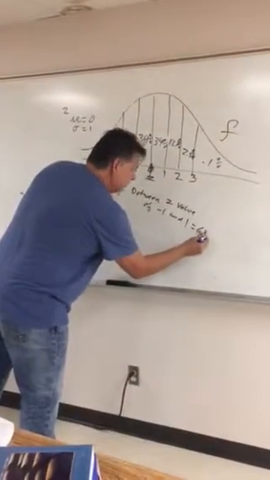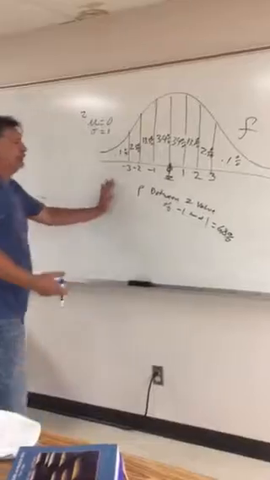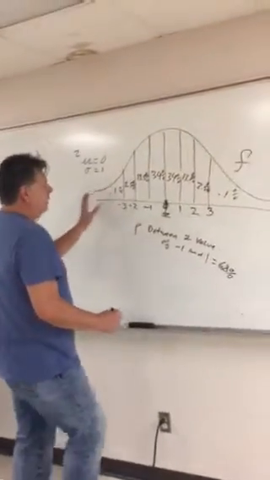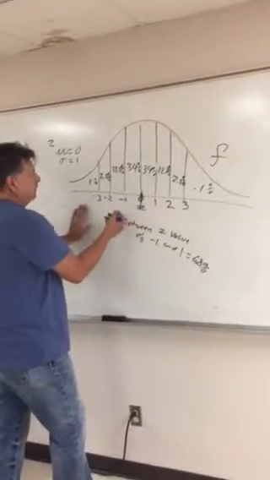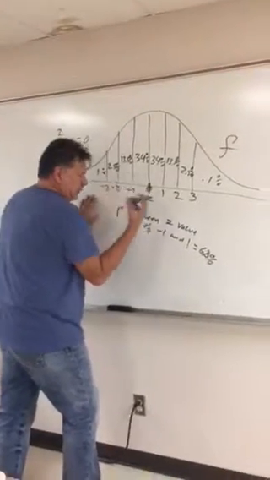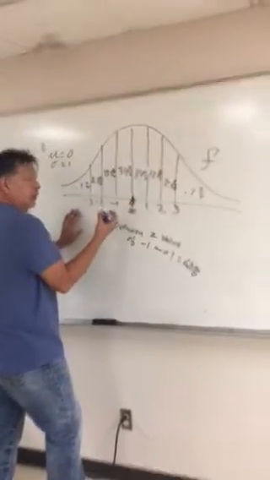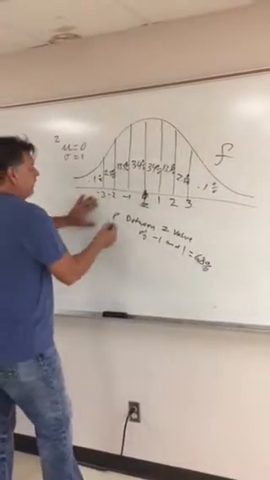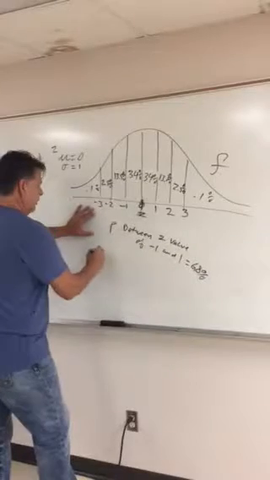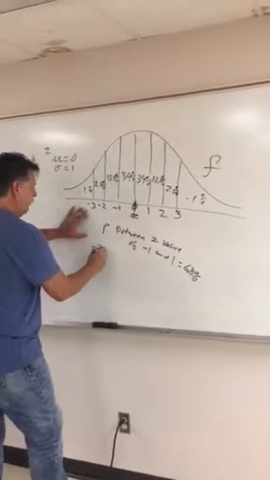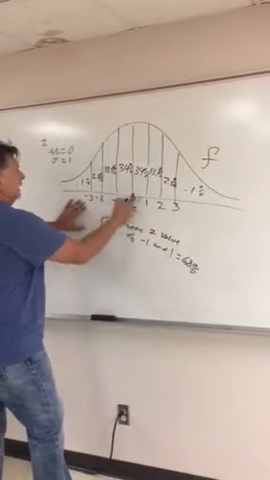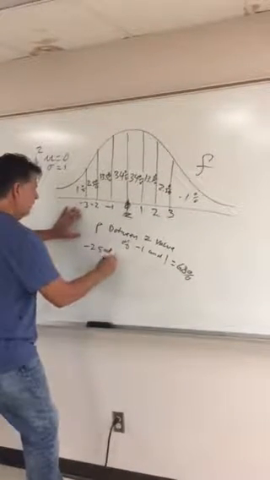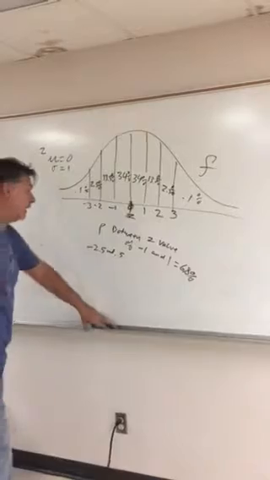So that's going to be 68%. Those are pretty easy. Now, what if I ask you the probability of the area under the normal curve for a Z value between -2.5 and 0.5? So now I've got to do something else.